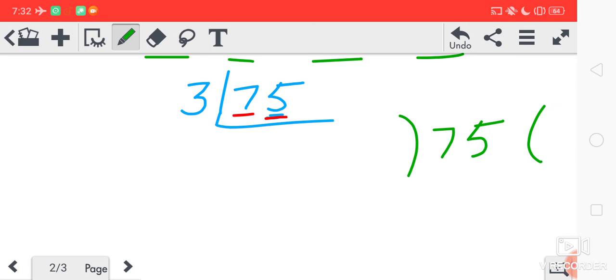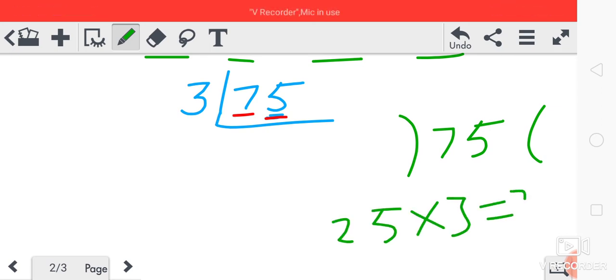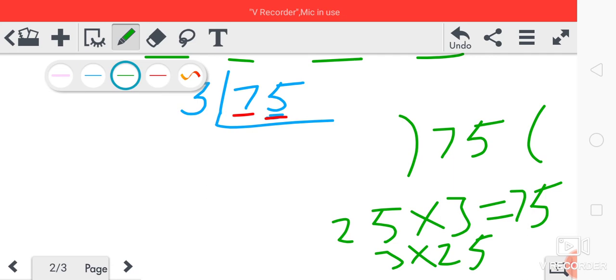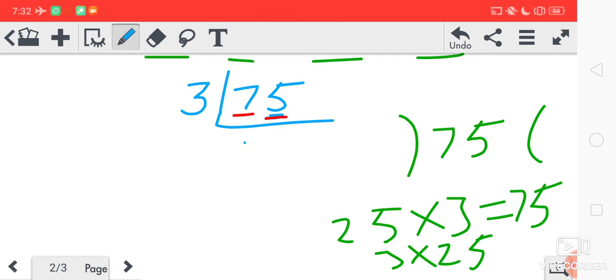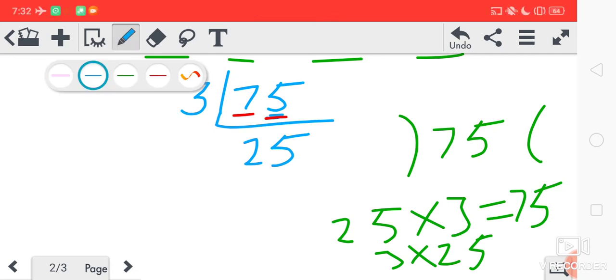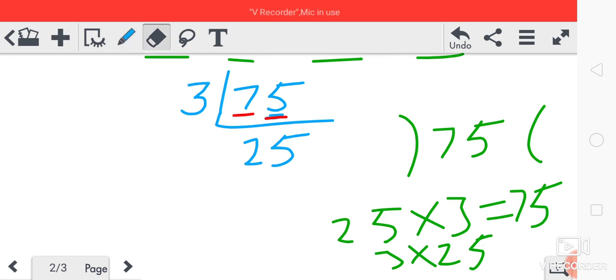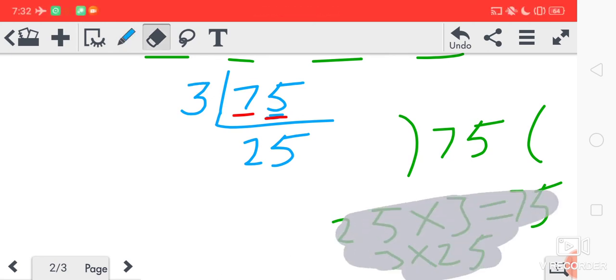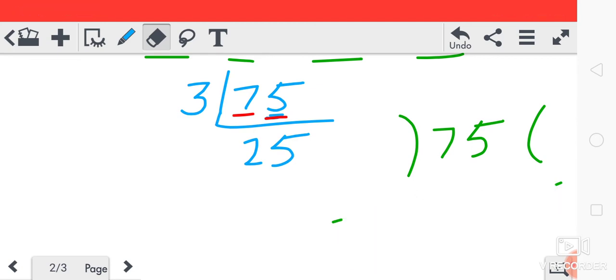If you know the table, 3 25s are 75, we know or not? So we can write 3 into 25, or 3 25 times is 75. But suppose you forgot, you don't know, then what will you do at that time? You have to divide and find out.